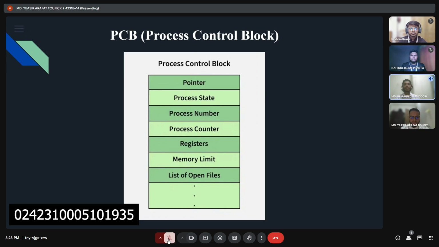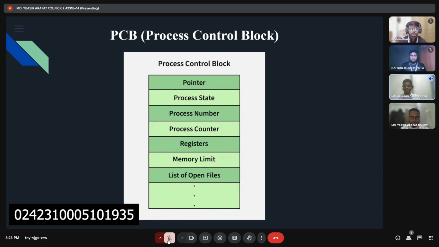Now talking about memory management information, it will have the page table, and also the base and limit registers.